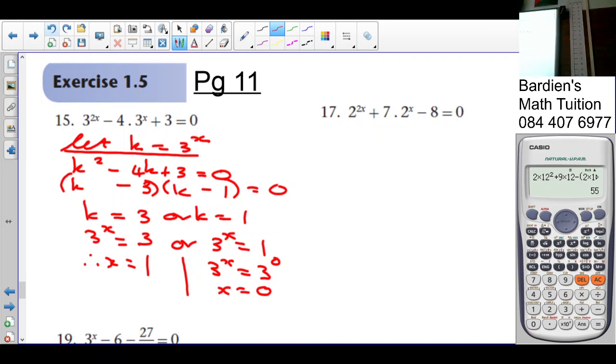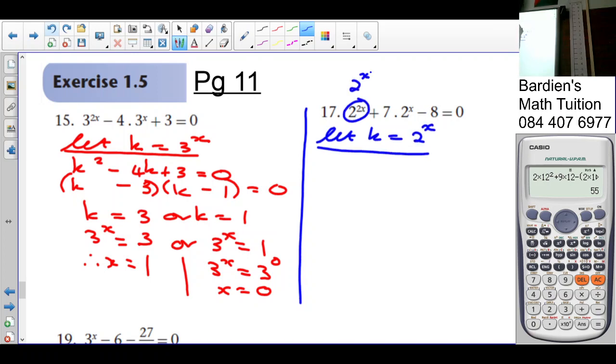Let's look at the next one. So we say let k equals 2 to the x. As you can see, that can be written as 2 to the x squared. So what can we say this would be? k squared plus 7k minus 8 is equal to 0. Trinomial.